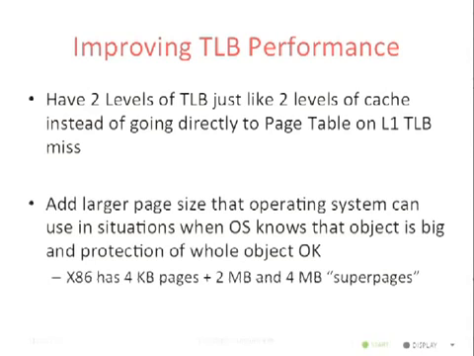The other thing is kind of an interesting trick. Remember when we did that calculation, we said our TLB can have 128 entries, and each entry references 4 kilobytes. What if the entries reference something bigger than that? What if the objects that you were reading into memory were things like big images or pieces of video? You could afford to have pages that were much bigger than 4K, because you're going to have to read the whole thing anyway.